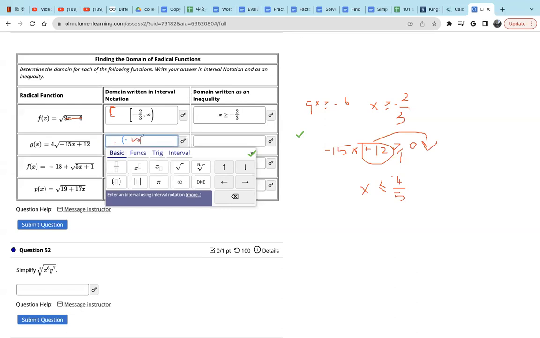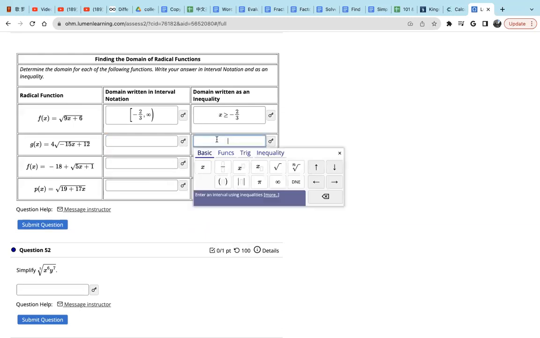So it goes from -infinity up to 4 over 5. Because it includes the 4 over 5, so we use a bracket. Okay, so that's this. Let me resolve this.